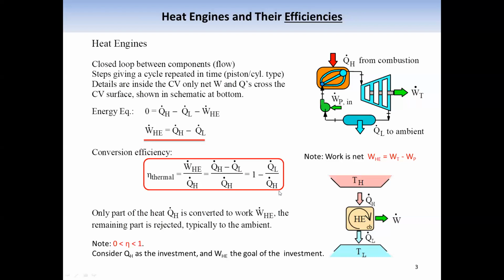QL to QH has to be as low as possible. And usually this eta is between 0 and 1. If we got a number higher than 1, that's impossible.